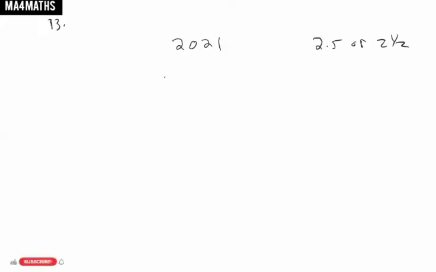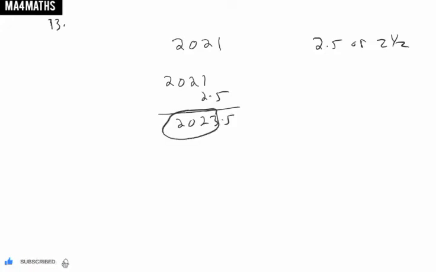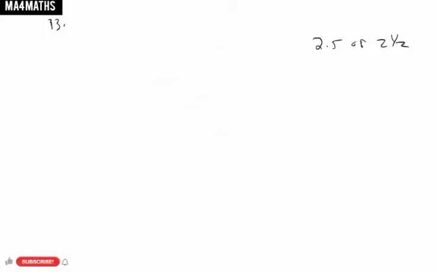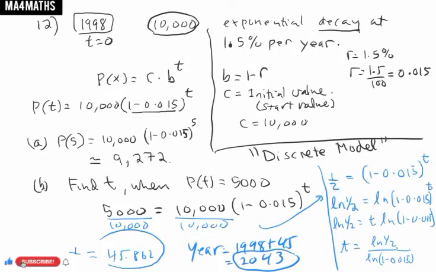Because if you add 2.5 to this, it wouldn't say 2023.5, it would just say 2023, right? Yes. So that's the point I was making with that. So if you go back to the previous problem right here, if we got 45.9, let's say 45.9, right?